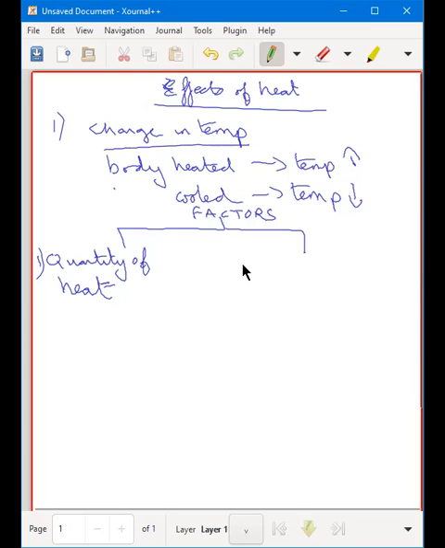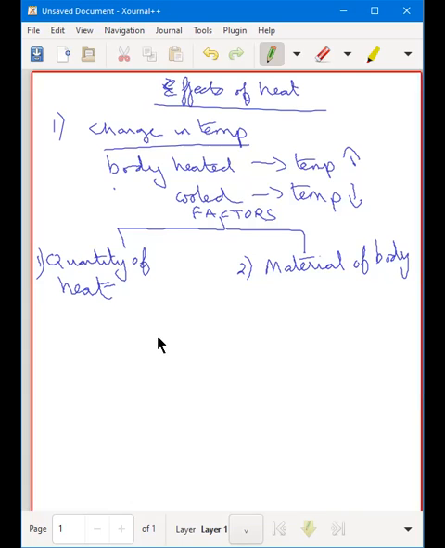And the second factor is the material of the body. You already know that some materials absorb heat and some of them don't, right? Some objects, when we heat them, their temperature rises quickly, whereas some objects are resistant to absorbing heat fast and the temperature rises slowly even with the same amount of heat.